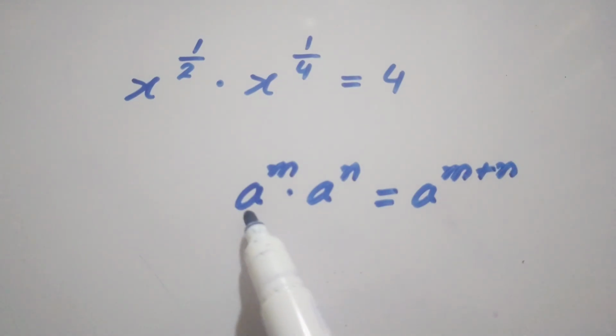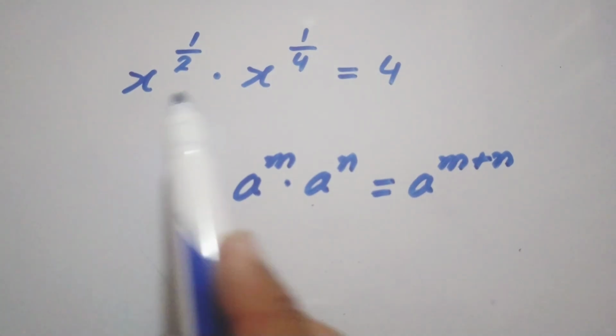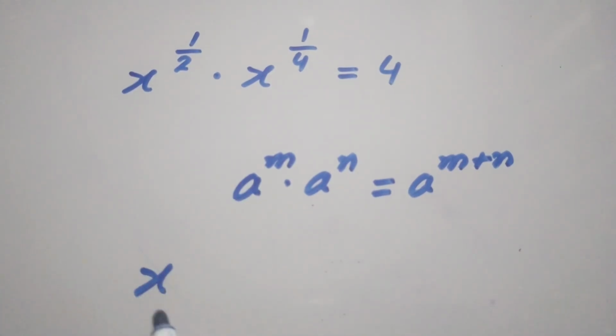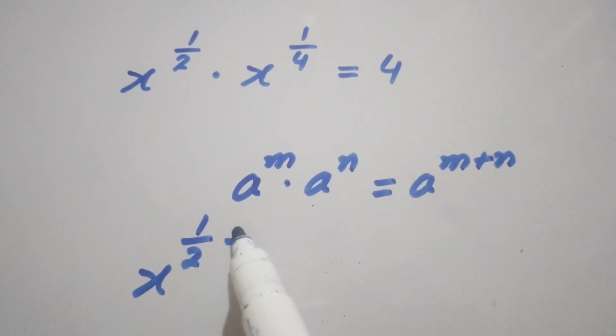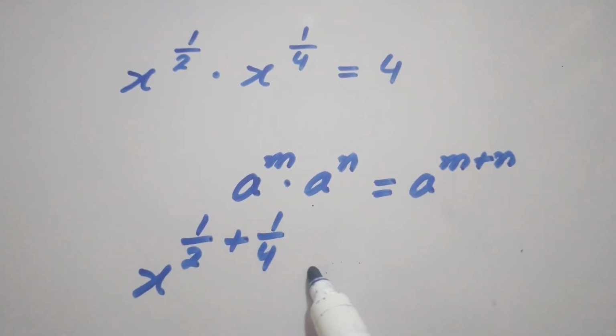Or we can say that when the bases are same and multiplying each other, then their powers will be added. So here the bases are same, which is x, hence their powers will be added. So this will become 1 by 2 plus 1 by 4 is equal to 4.